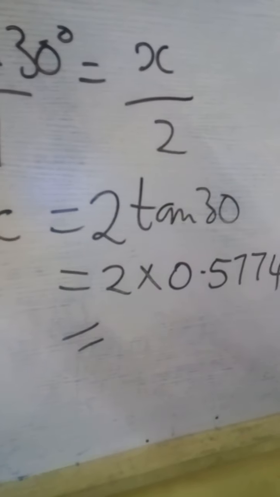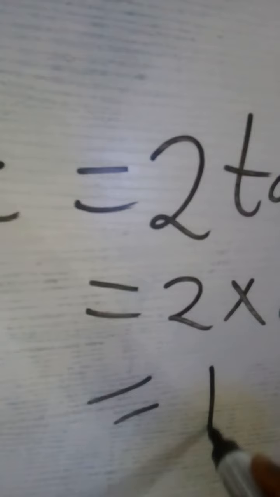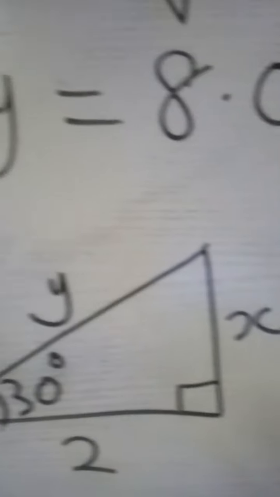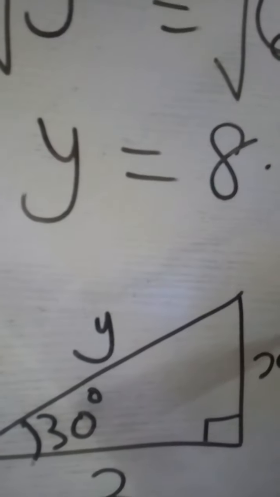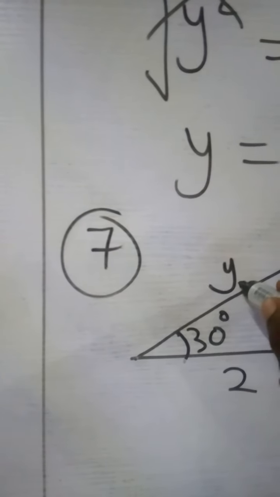So I have to say 2 times 0.5774, and the answer is 1.1548. So you say this is approximately 1. So that means my x is going to be 1 here. X is 1.